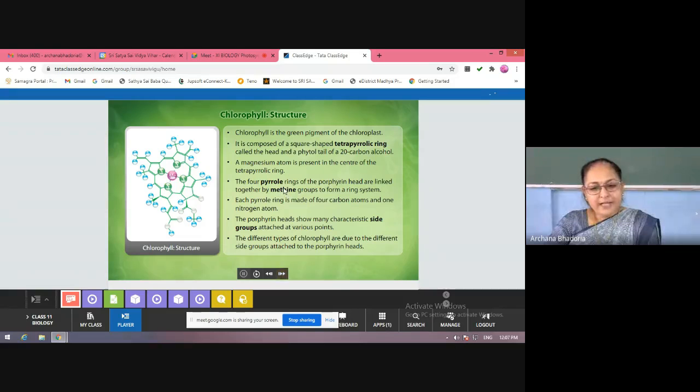The four pyrrole rings of the porphyrin head are linked together by methane groups to form a ring system. And each pyrrole ring is made up of 4 carbon atoms and 1 nitrogen.